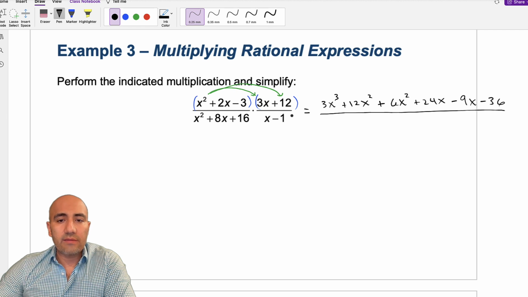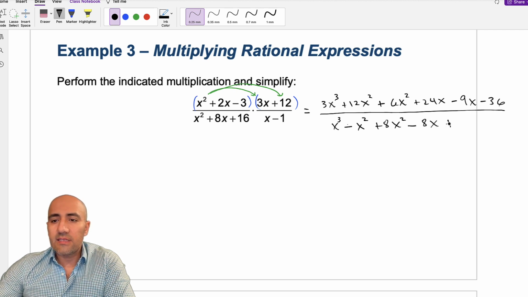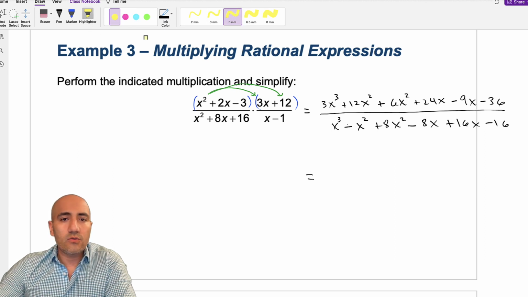So x squared times x is x cubed minus x squared, and then 8x times x gives you plus 8x squared, 8x, and then plus 16x minus 16. Okay, and then we would combine some like terms, right? So then in the numerator, let's see, these two are like terms.